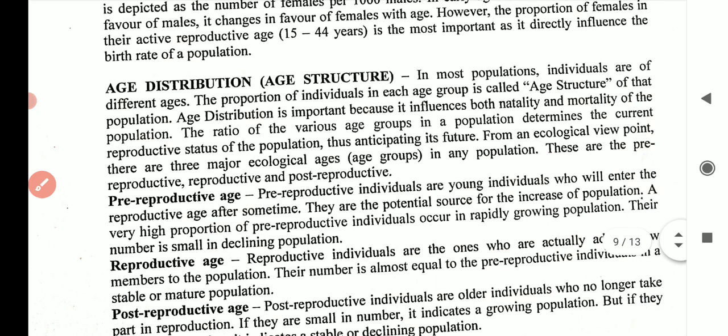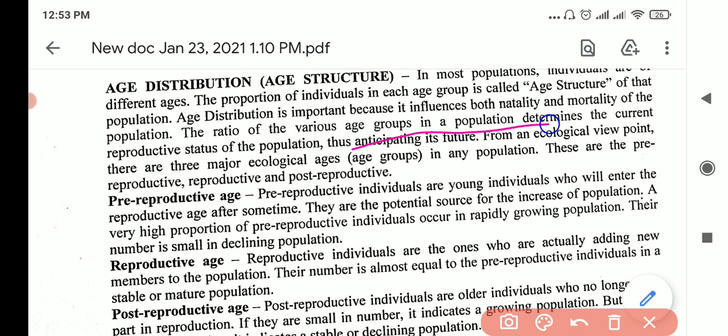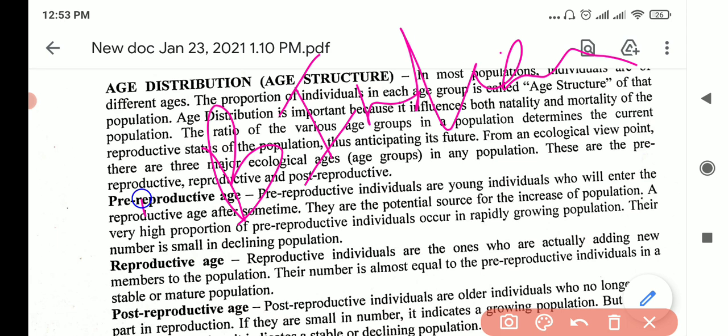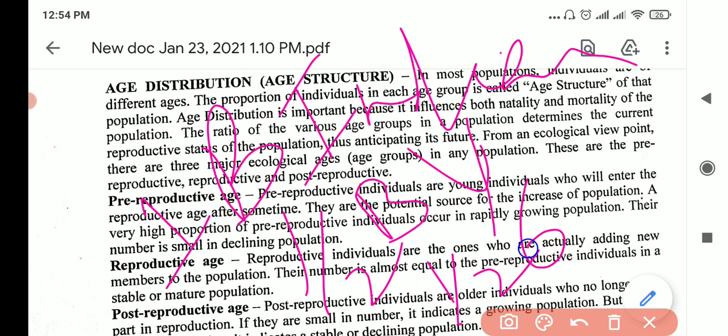The ratio of the various age groups in a population determines the current reproductive status of the population. Thus, you can anticipate the future. Right now, we have so and so billion Indians. Out of these, let's say half are young people and half are over the age of 60.